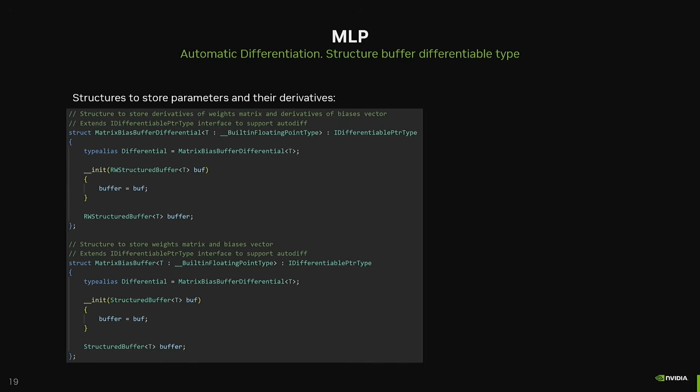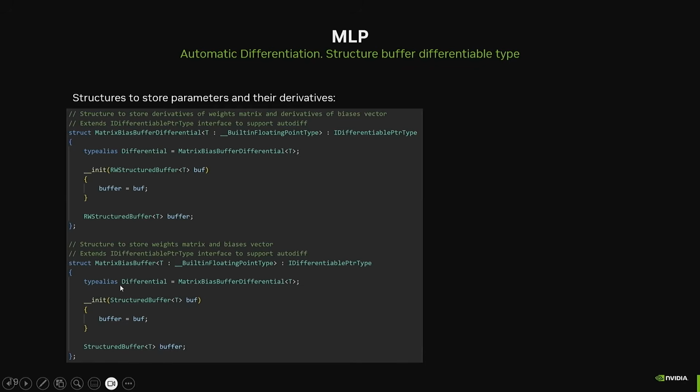A little bit about how we define storage for the derivatives that we calculate automatically. This is how it's done in Slang. We have a structure that stores a structured buffer, and it's a read-only buffer because we don't change the parameters when we compute derivatives.